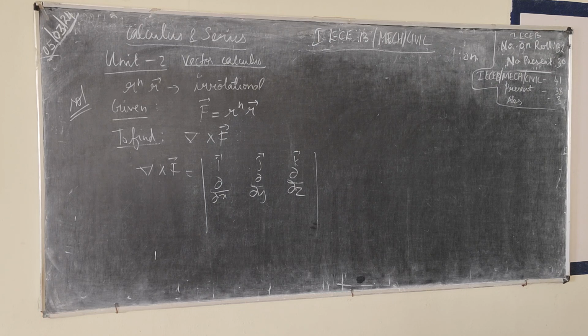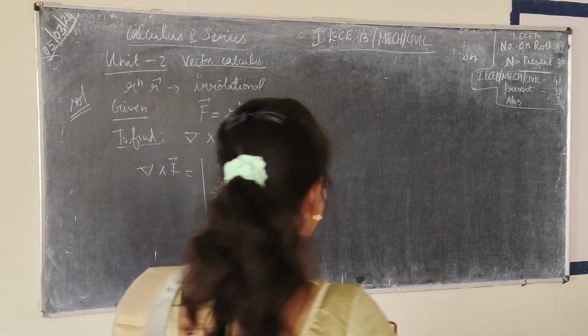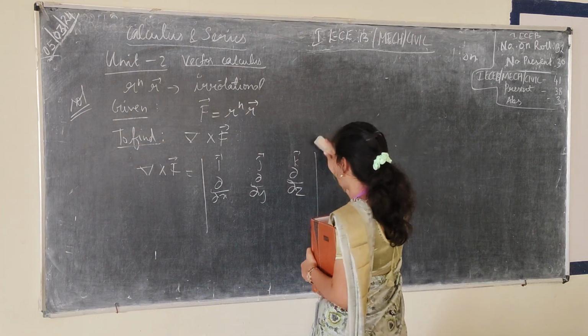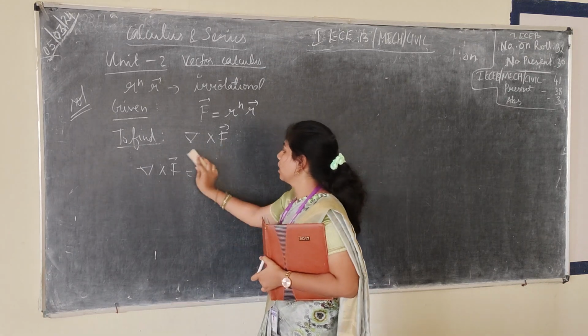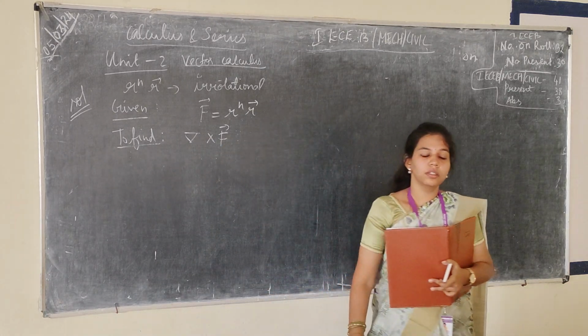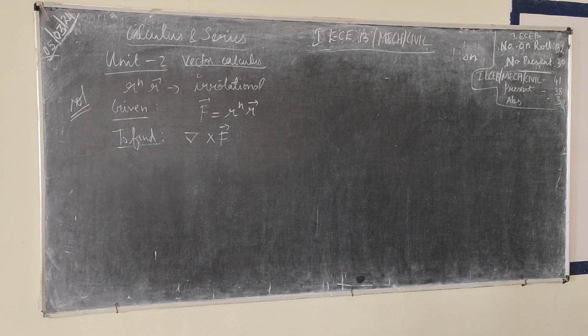What is R vector? First we need to write that. R vector is x i vector plus y j vector plus z k vector. Then what is R square? R square is x square plus y square plus z square.